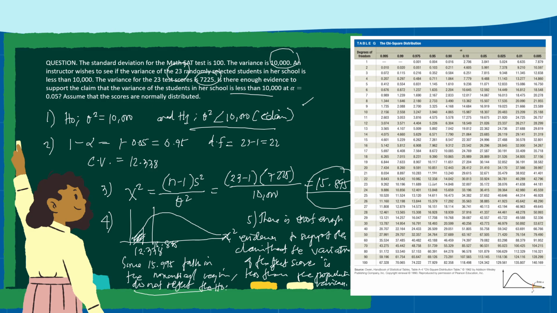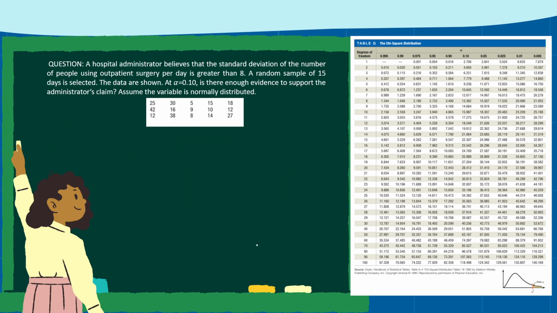Okay, so that's it. There's not enough evidence to support the claim that the variation of the students' test score is less than the population variance. Okay, let's proceed with the next problem.